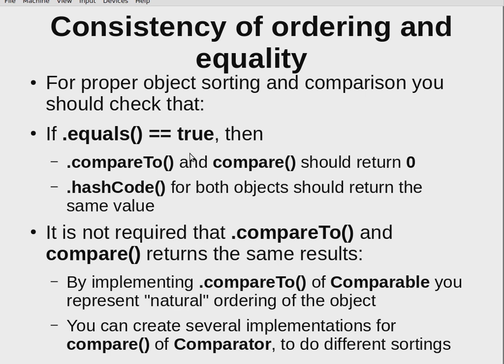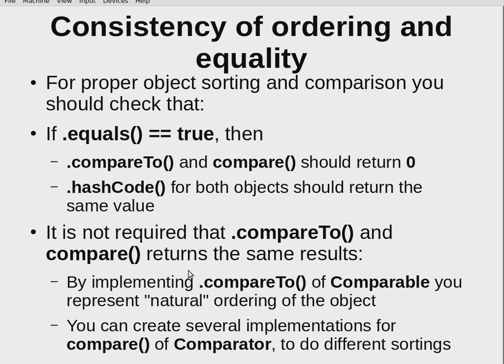So these are considered equal, and hash code for both objects should return the same value. If you do not do it properly for your customized objects, then you may get surprising results when you start storing them in different kinds of collections and you start sorting them. That's an important thing to remember.